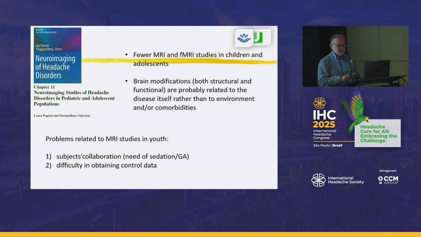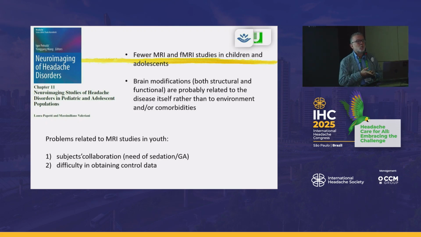And moreover, there is a chronic difficulty in getting control data, normative data, and this is something which is shared also by other techniques of investigation, for instance, neurophysiological investigation too.